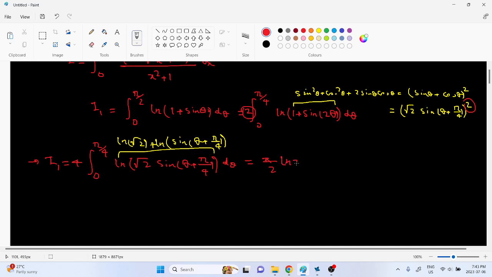And then we have 4 times the integral from 0 to pi by 4 of the natural log of sine of theta plus pi by 4.